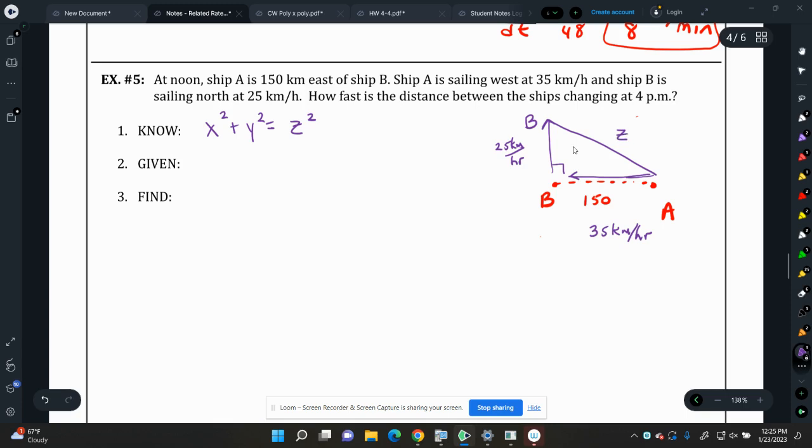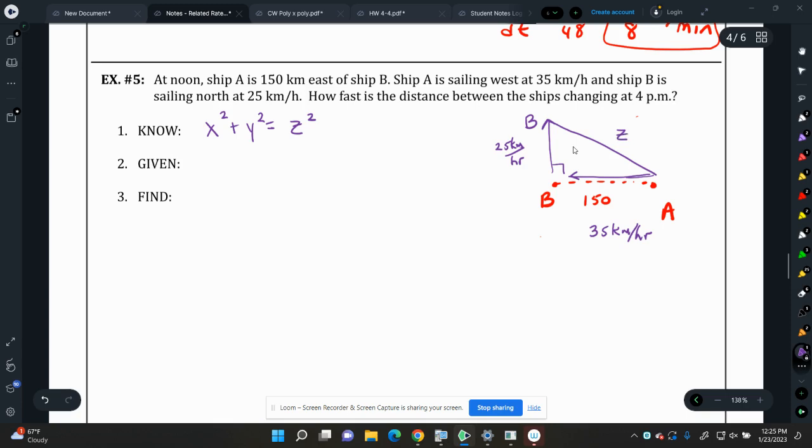Okay, so what are we missing? We're missing our x and y's, right? What's the x? Is the x 150 at t equals 4? No. The x is 150 at t equals 0.